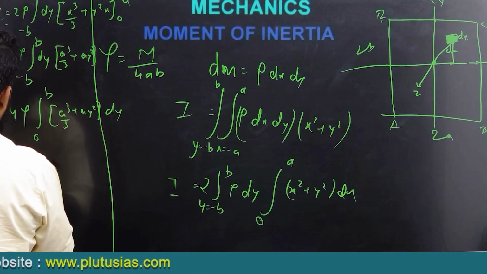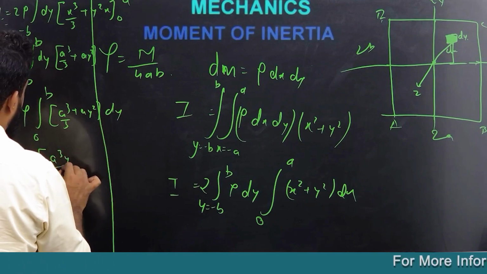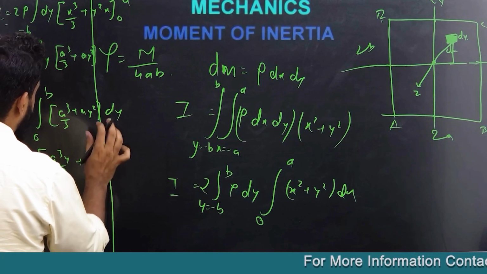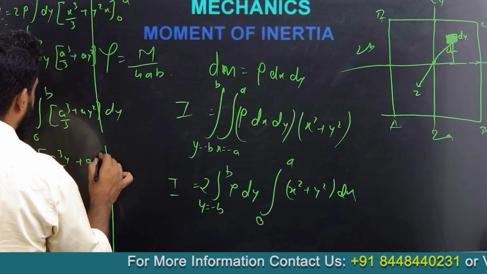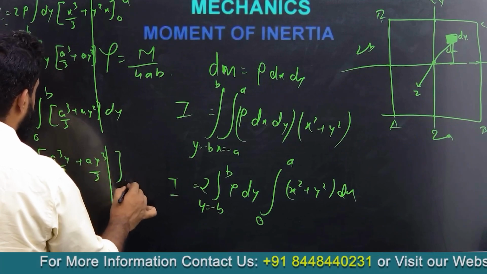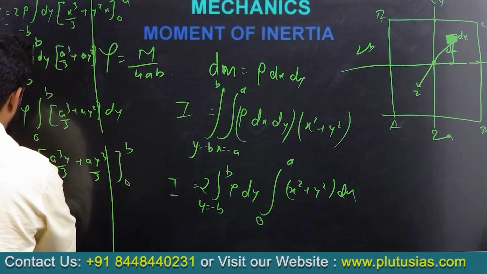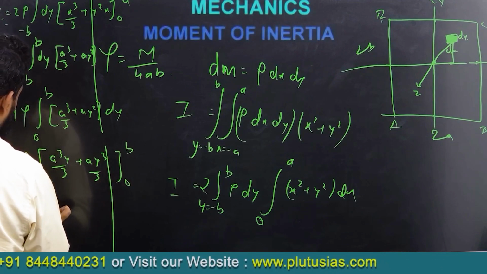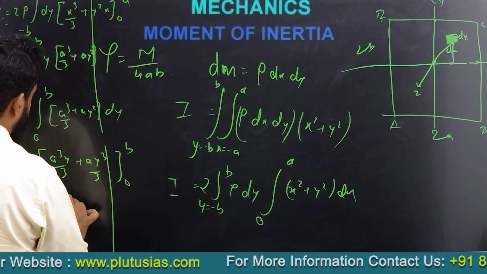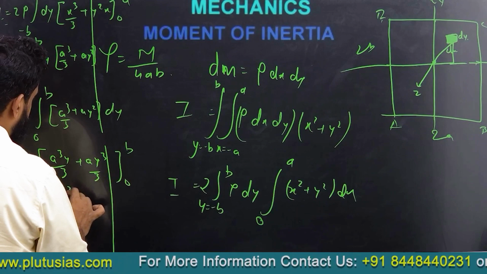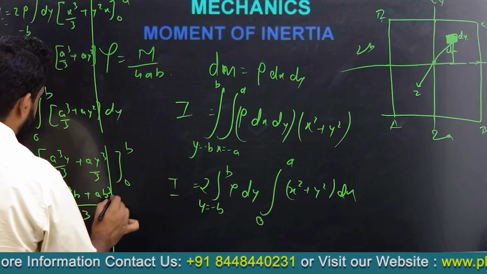Or this is 4 times rho, a cube y upon 3 plus a y cube upon 3 from 0 to b. For rho we write M upon 4ab, and for this we have a cube b upon 3 plus a b cube upon 3.